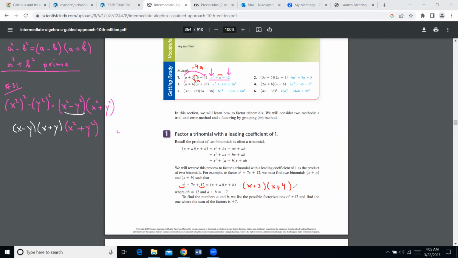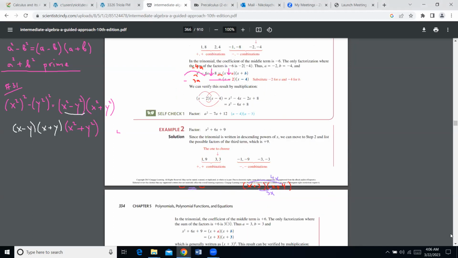And of course, we should always double check by multiplying the inside and the outside pair. So we get 4x when you multiply 4 with x, and then inside it's 3x. When you put these together, you will get 7x in the middle. So that's the plan for all of the exercises in here.